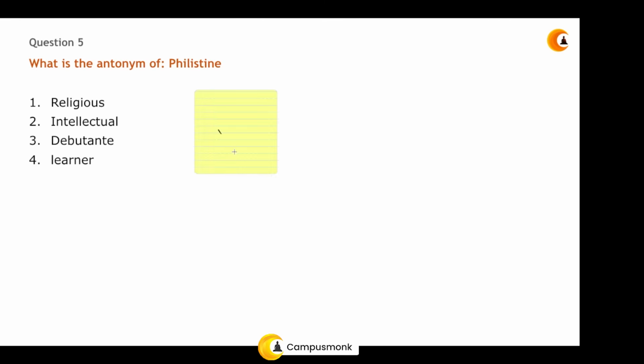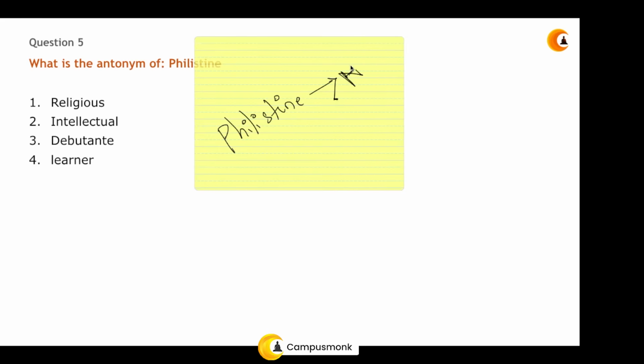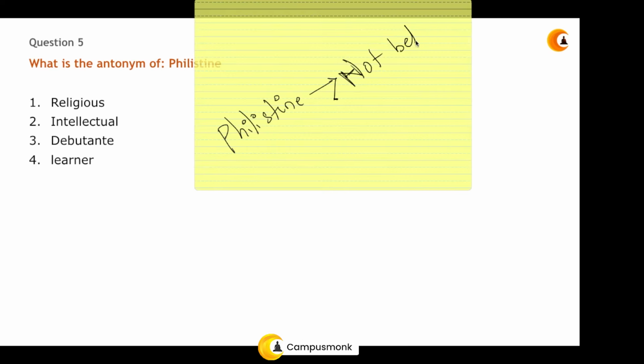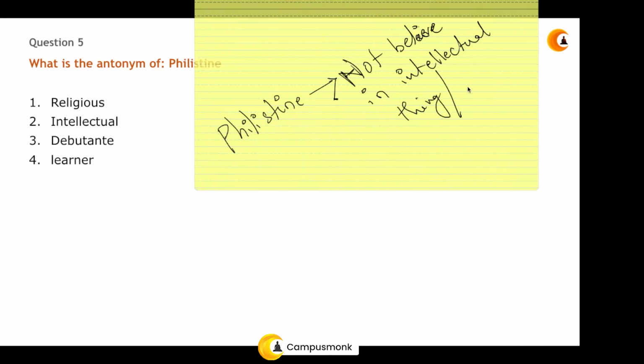So now, what does this word Philistine mean? If I speak in common layman's language, then I would say in Hindi, whom you call as the Nastik Admi, okay? The people who do not believe in intellectual things. Someone who does not believe in culture and art, okay?